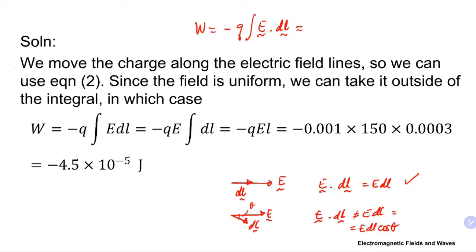Because it is constant, you can take it out of the integral, and therefore the integral of dl is simply the displacement of that charge, which is L. So this equals minus 0.001, which is the charge, times 150, which is the electric field, times the displacement, which is 0.3 millimeter, and that works out to be minus 4.5 times 10 to the minus 5 joules.